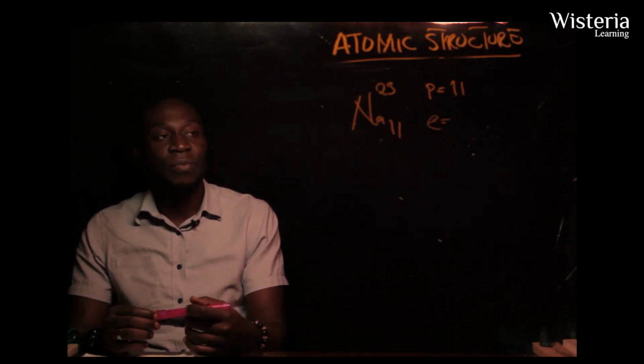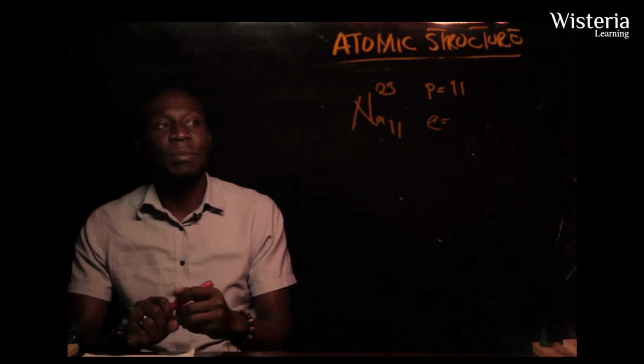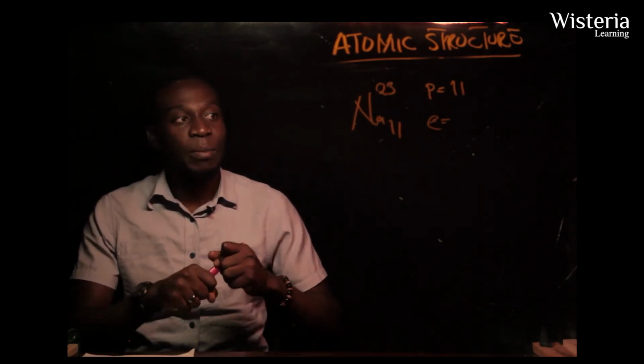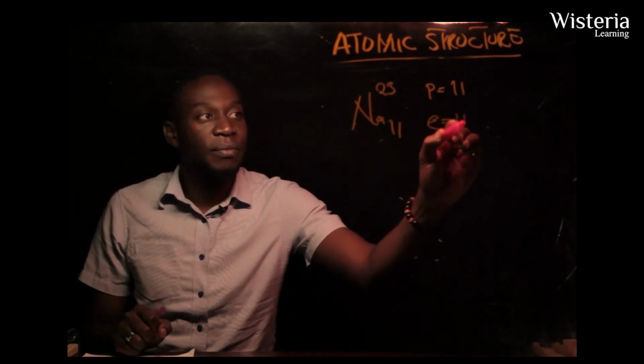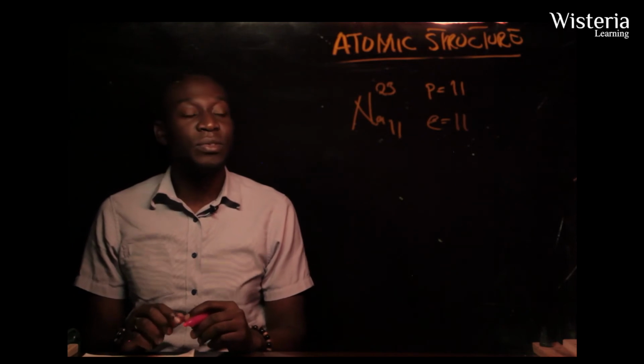Since it's neutral, the number of protons is equal to the number of electrons. So the number of protons is equal to 11, and the number of electrons is equal to 11.